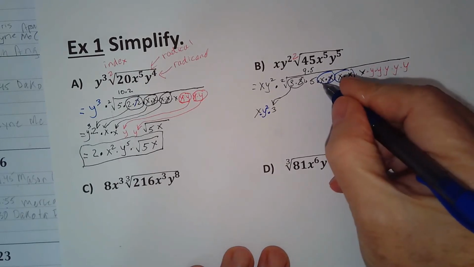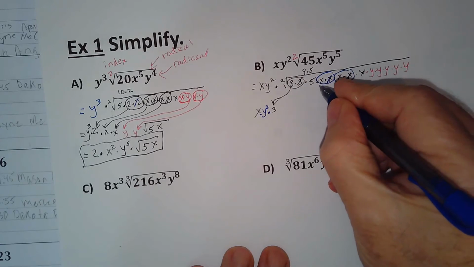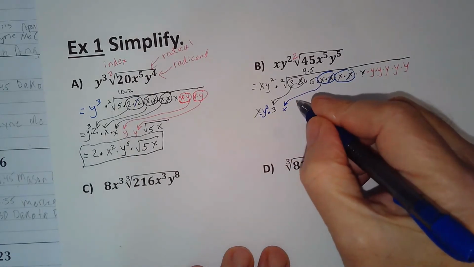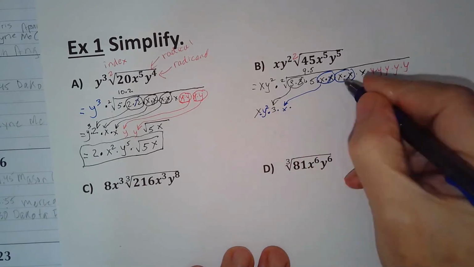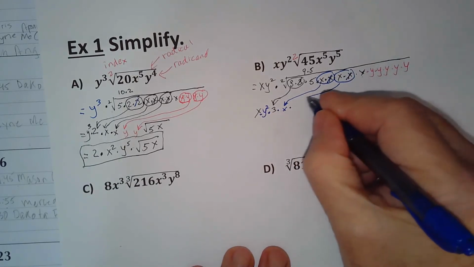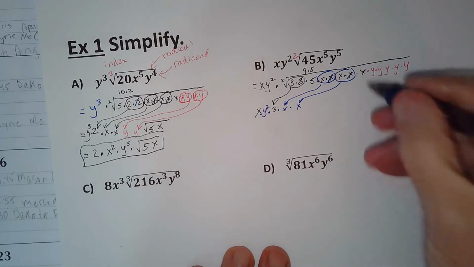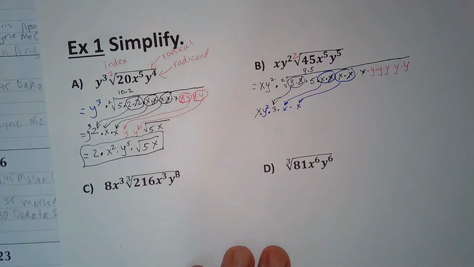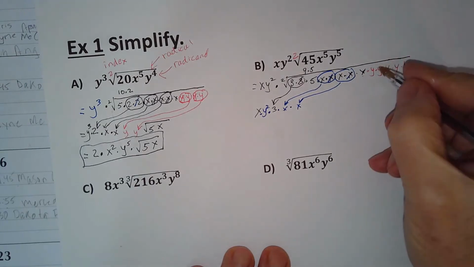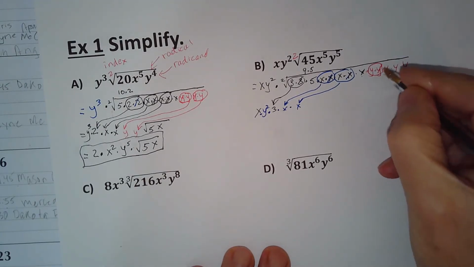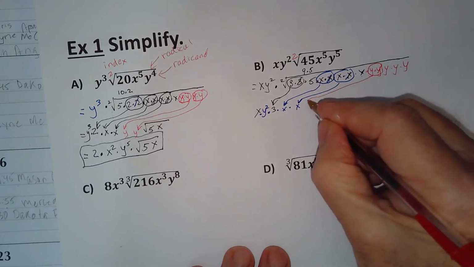So I have an x that goes out here, and then I have another x that comes out here, and then I've got another x that's left, and then I have a pair of y's here. One gets shot, the other one escapes.